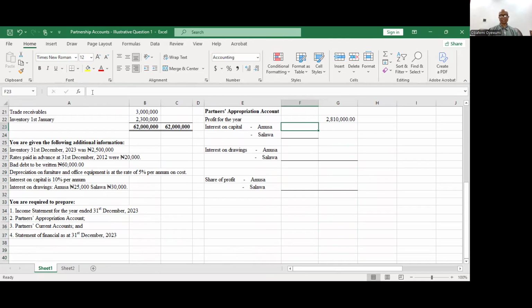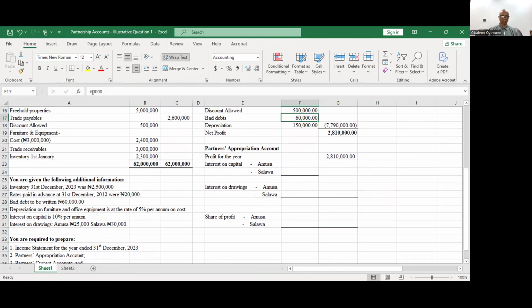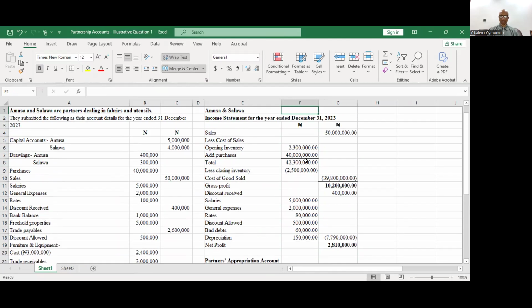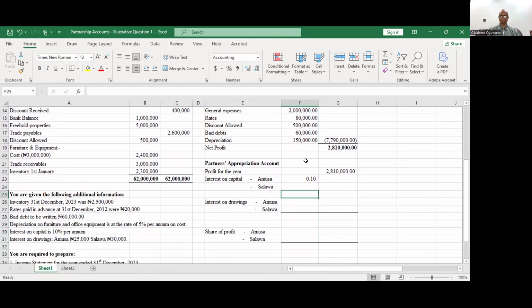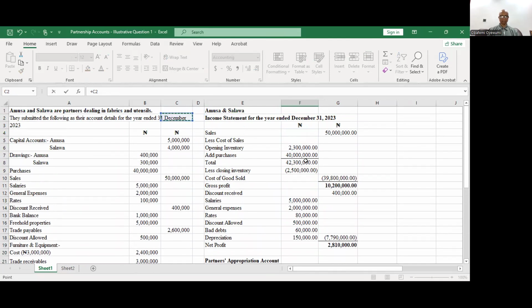So we have interest on capital. How much is interest on capital? We've been told that interest on capital is 10% per annum. So for Amusa, you need to find out how much they have as capital.